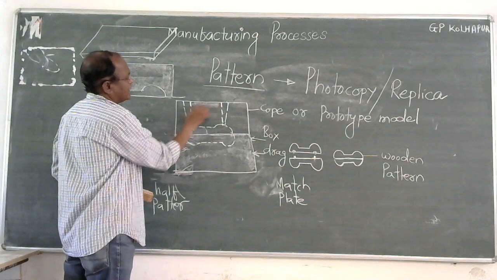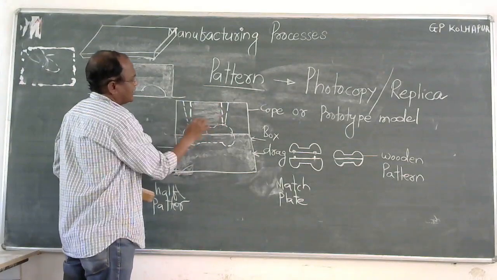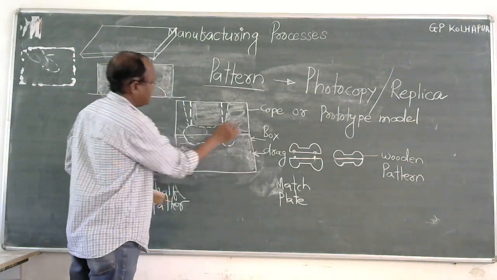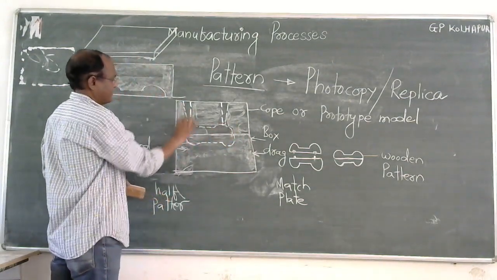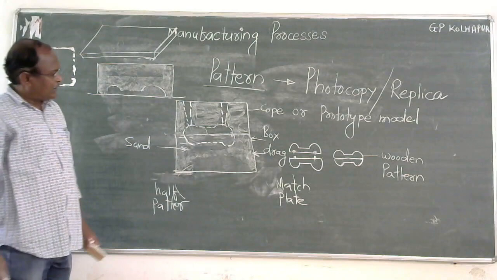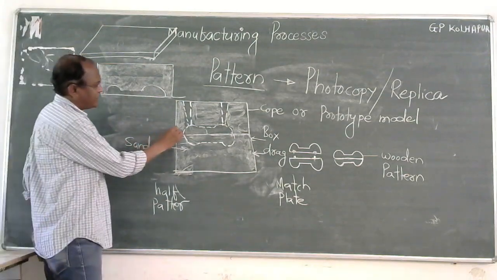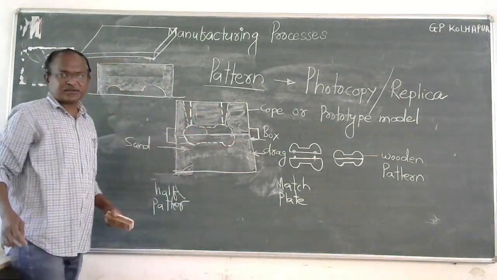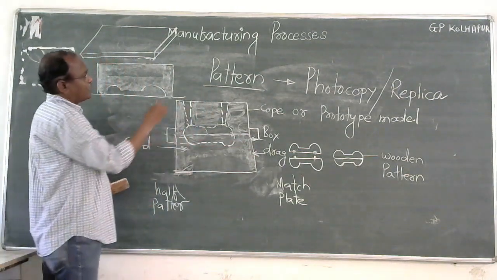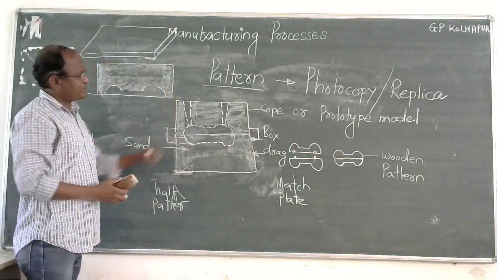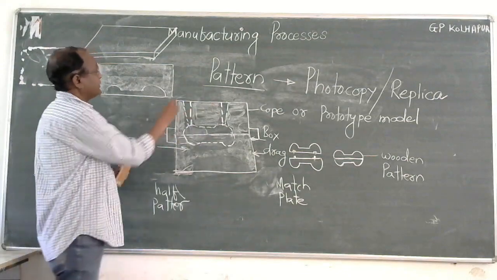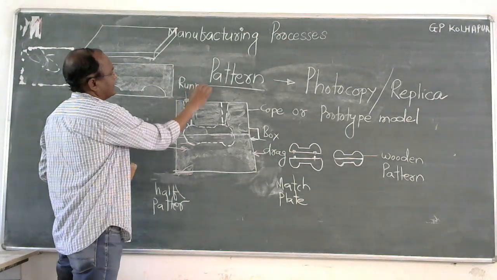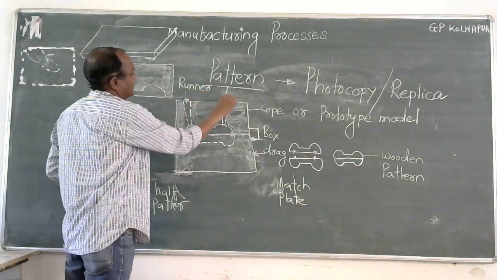This is occupied with the sand around the cavity. Now there is a handle for the box so that you can easily lift it. Now this is the mold, we are having the mold cavity. This portion is called the runner. This is called the riser.